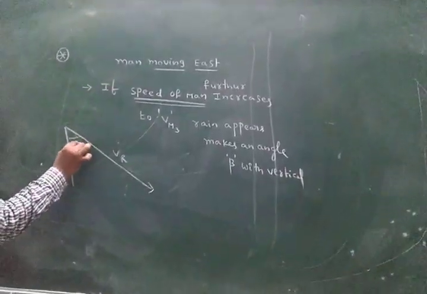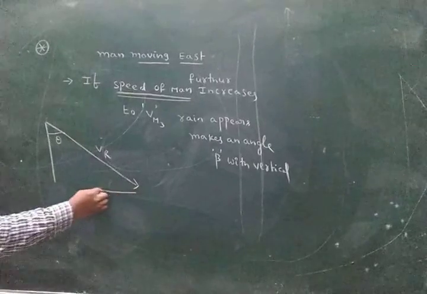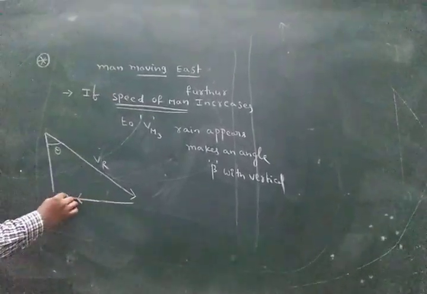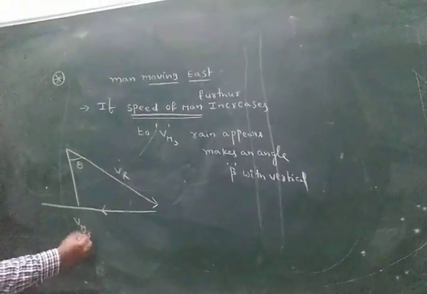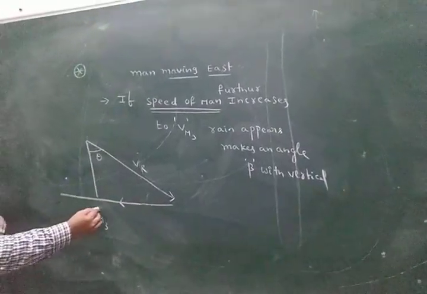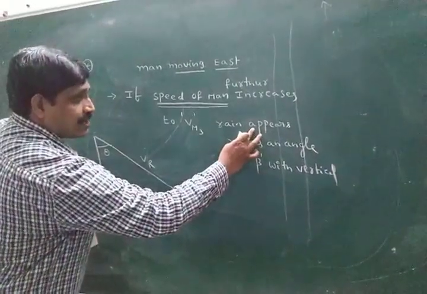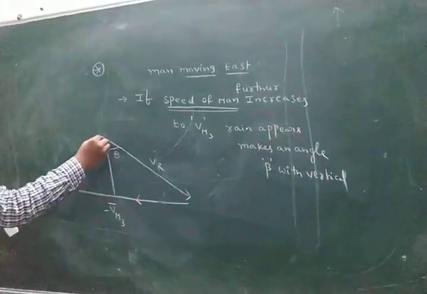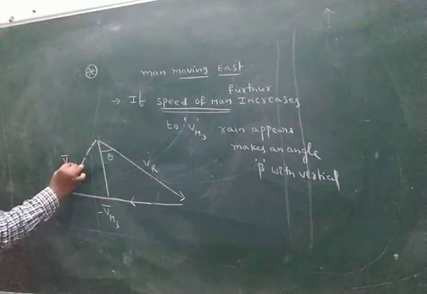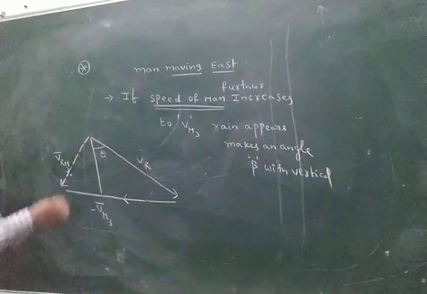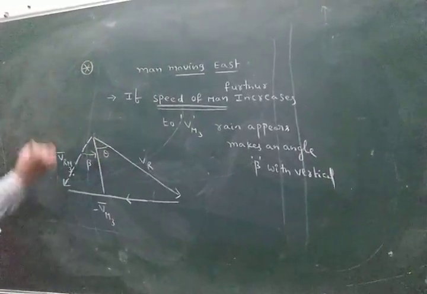Because the man is in motion, moving east, we assume he is moving west. Because the man's speed increases, finally it becomes Vm3. In this situation, rain appears means rain compared to man. This is called the velocity of rain with respect to man. Okay, this makes an angle beta to the vertical.